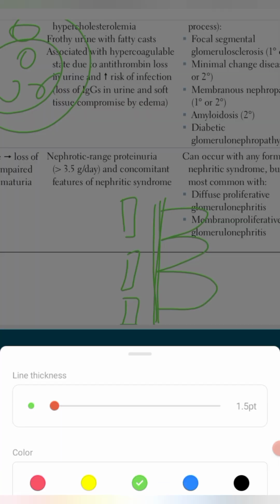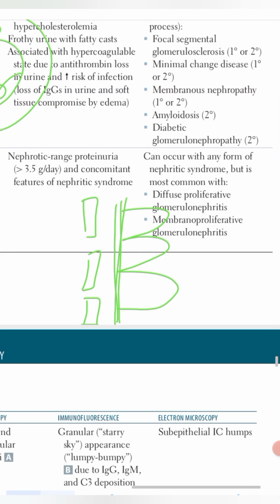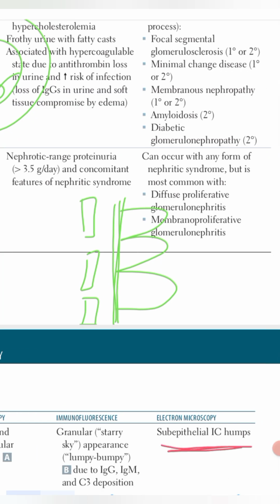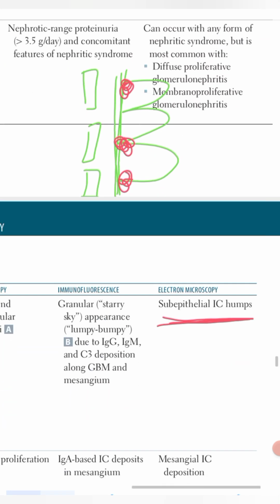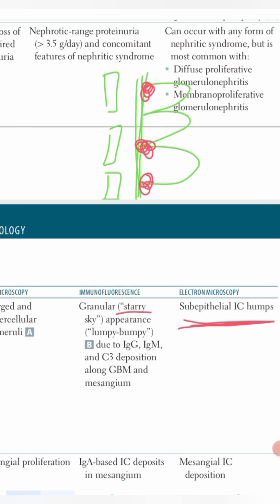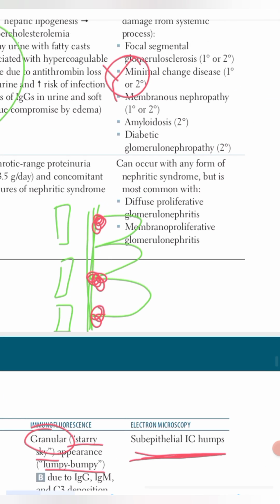What will happen is that there is subepithelial hump formation. When we see it under the electron microscope, the antigen-antibody complexes will come and start depositing in the subendothelial layer, and it will give a starry sky appearance or a lumpy-bumpy appearance. It is granular. It will not be continuous, not linear, but granular, meaning that some humps are present here, some are there, but not in a continuous fashion.